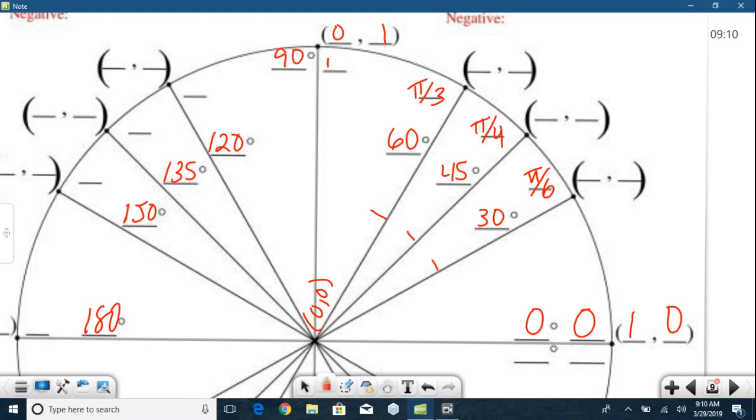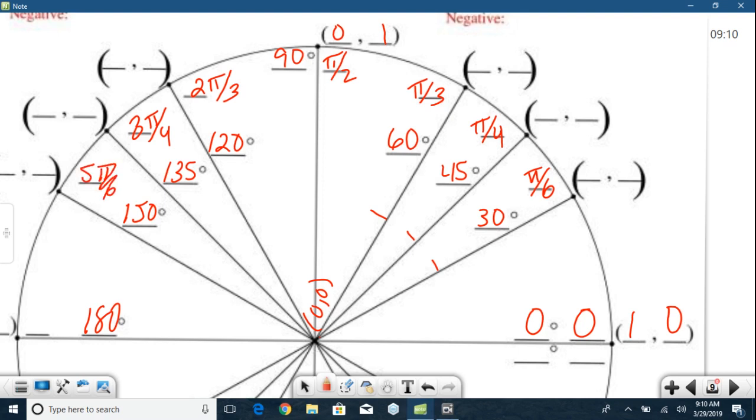Pi over 2. 120. 2 pi over 3. 135. 3 pi over 4. 150. 5 pi over 6.